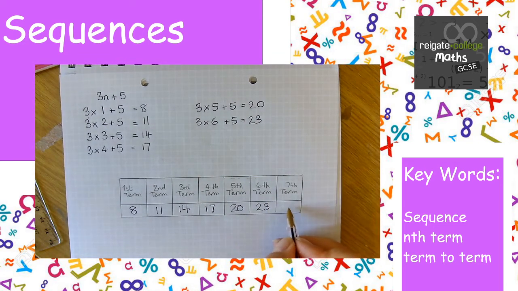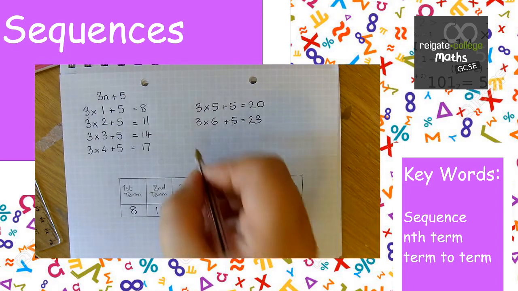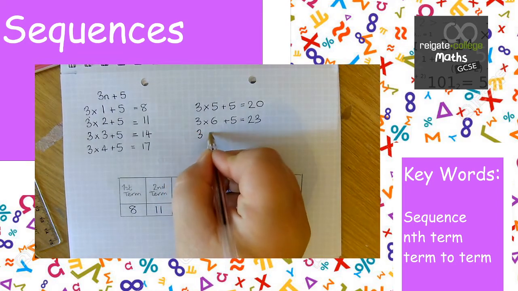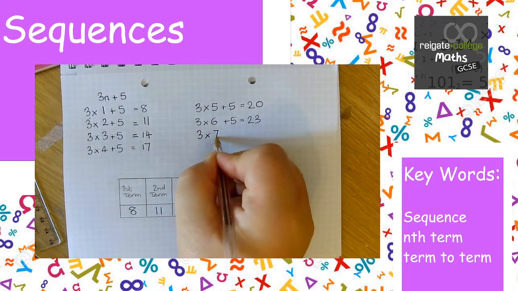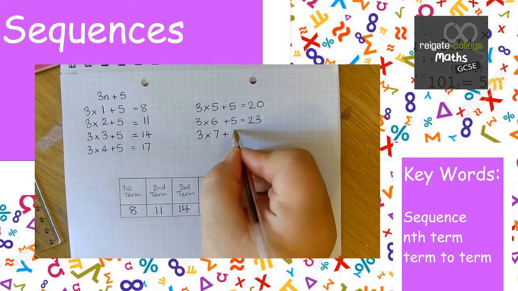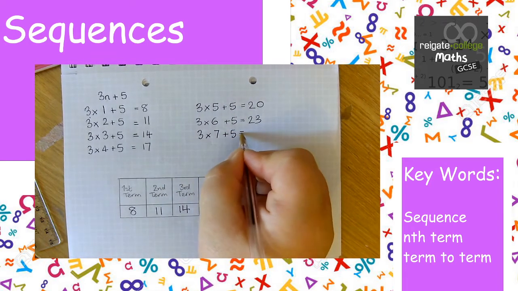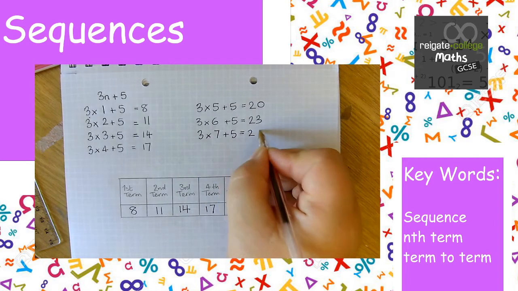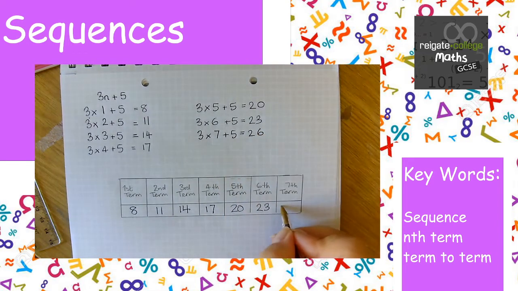And in my table, I'm only going up to the 7th term, so 3 times the value of 7 plus 5 is 26.